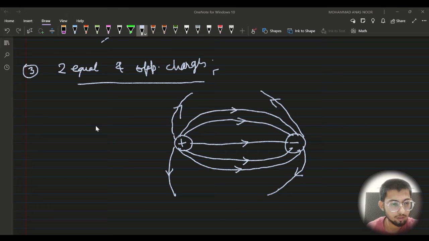This is the dipole axis. So this is also called a dipole. A dipole is the arrangement of two charges that are placed at some small distance apart and they are opposite.